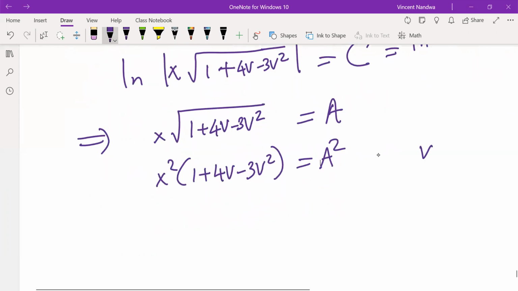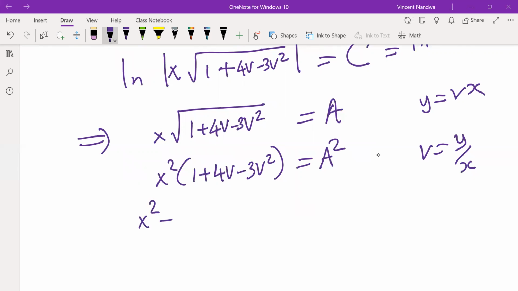But remember, v is y/x, since y is vx. So replacing, we'll have x² + 4vx² - 3v²x² equals a².